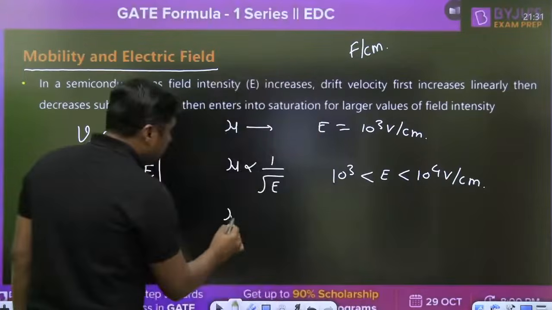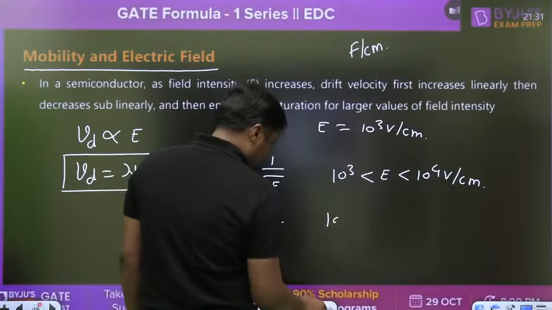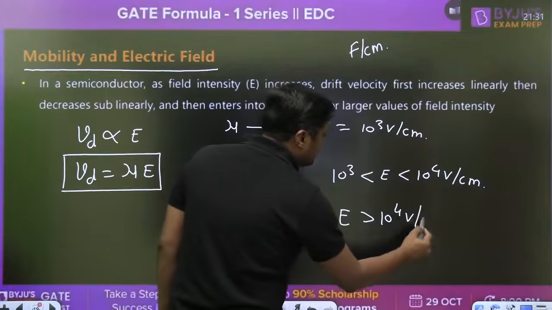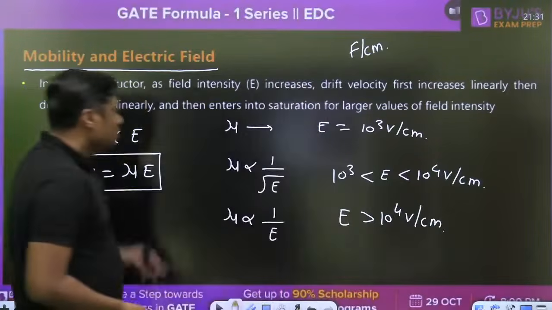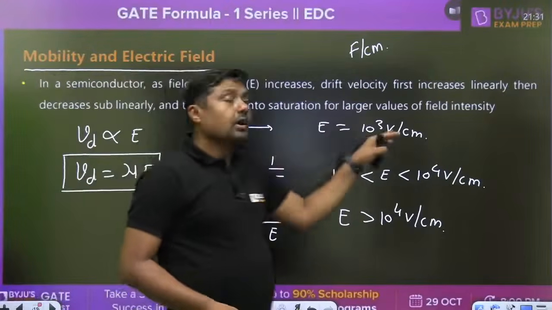And after that, mu is proportional to 1 by E for E greater than 10 to the power 4 volt per centimeter. These are the values.